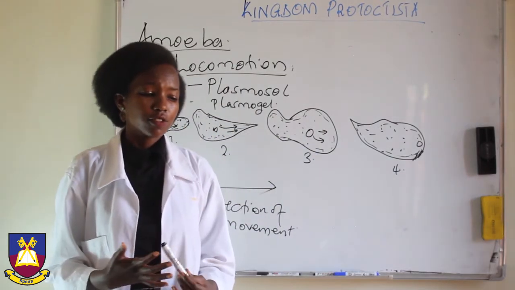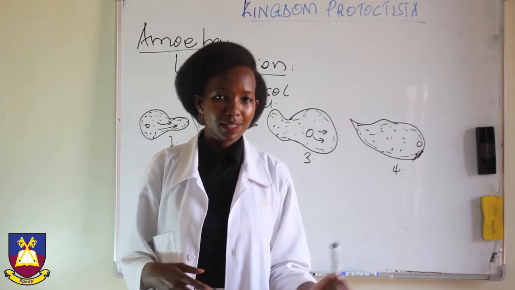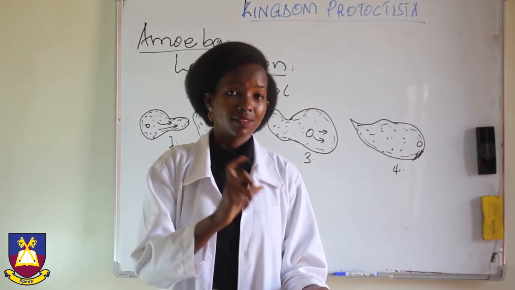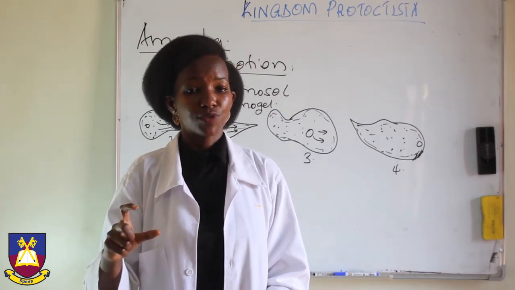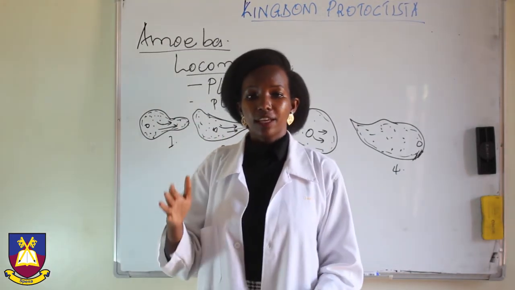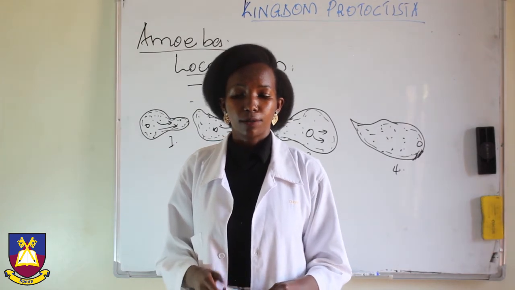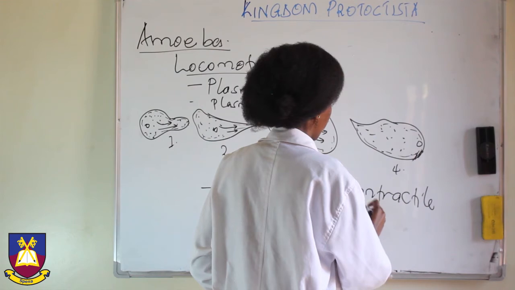Next is excretion. Like we said, all living organisms move, respire, are sensitive, grow, reproduce, excrete, and then feed. So they excrete by the help of what we call contractile vacuole.